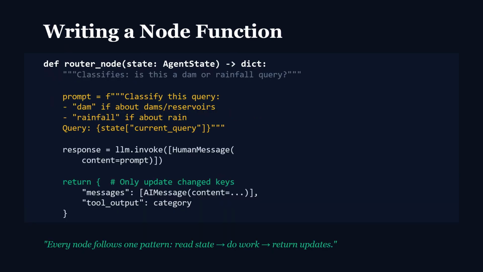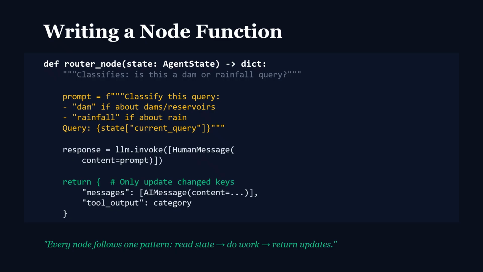Here is what a node function looks like. This is a router node. Its job is to classify whether the user is asking about dams or rainfall. Every node follows the same pattern. Step 1. Read from state. Here we read state["current_query"] to get the user's question.